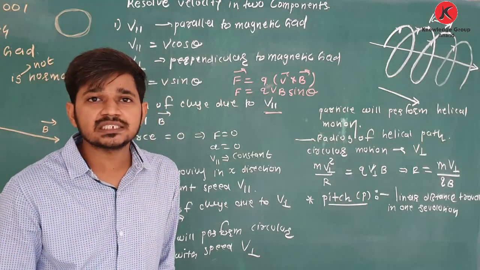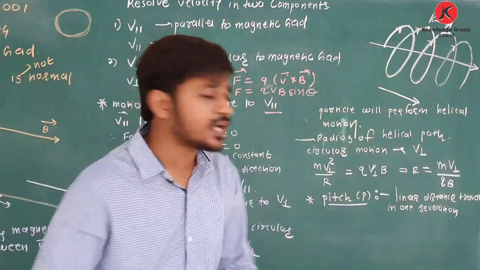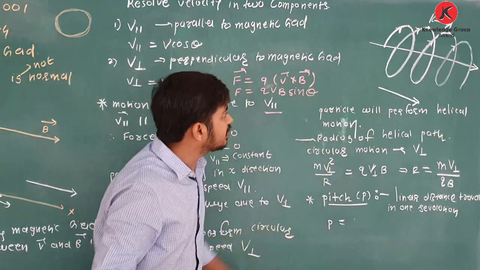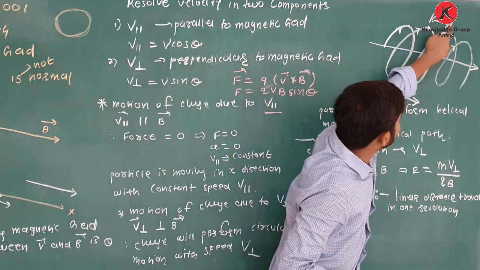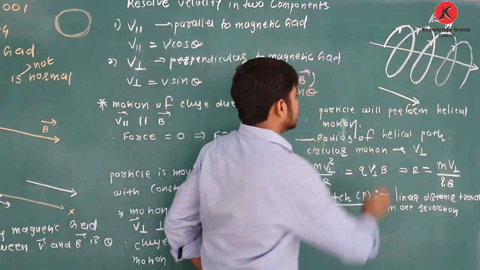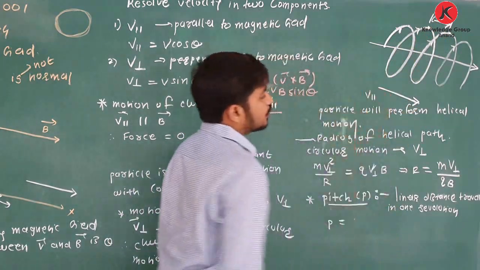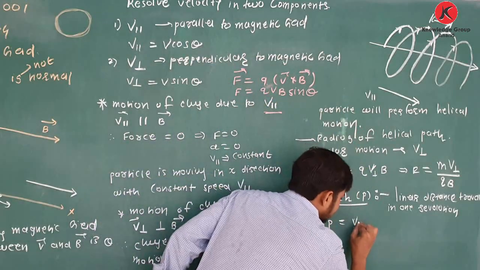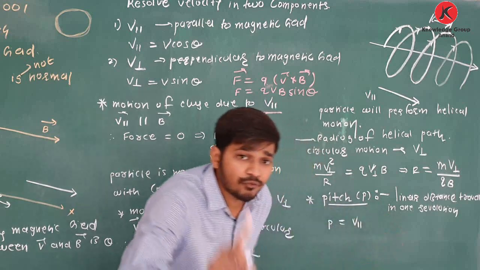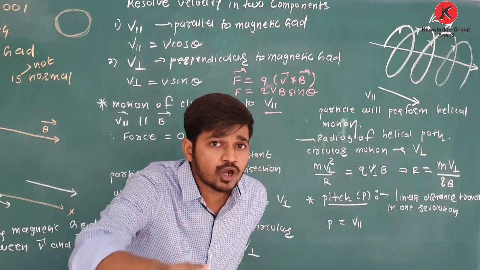Now how to find distance? Distance is equal to speed into time. Speed, linear distance, and it is traveling linear distance due to which component? Yes, due to the parallel component. And speed into time. Linear distance traveling in one revolution, and in one revolution, what is the time?